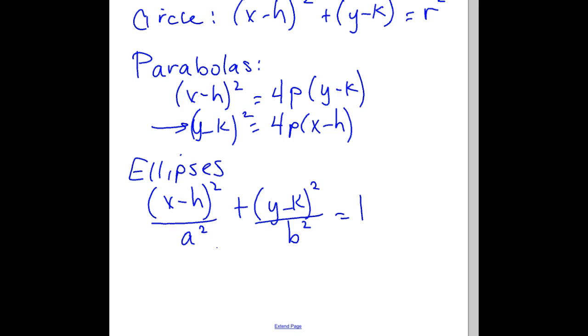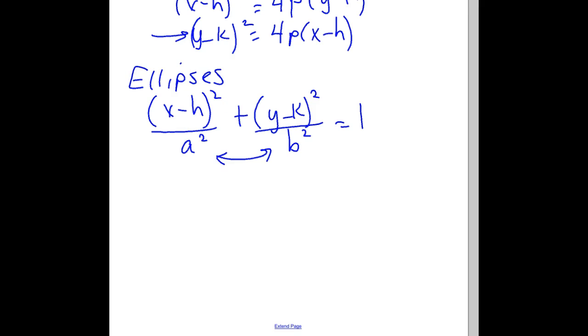So how do we know if a and b can move around, how do we know which one's a? a is the bigger one. Yep. And what's the relationship between our a's, b's, and c's? Okay. So a is always bigger than b. c squared equals a squared minus b squared.